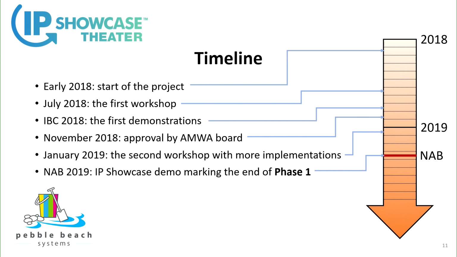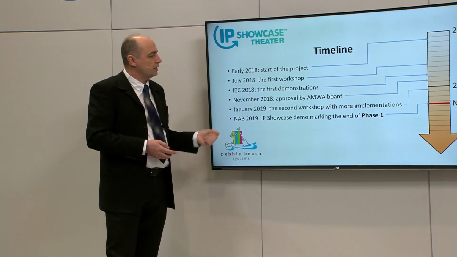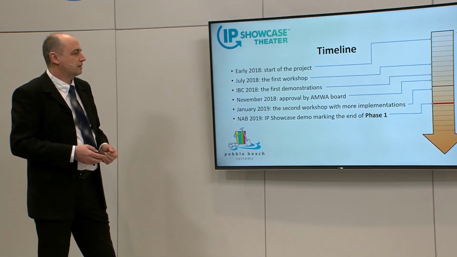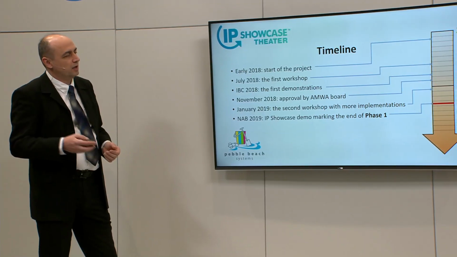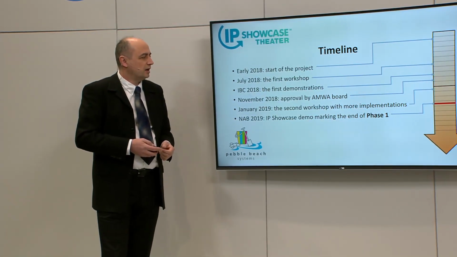And in November 2018, the specification was approved by the AMWA board. In the workshop in Newbury in January, there were more companies involved, and more implementations were there. There were registries that supported ISO 7.